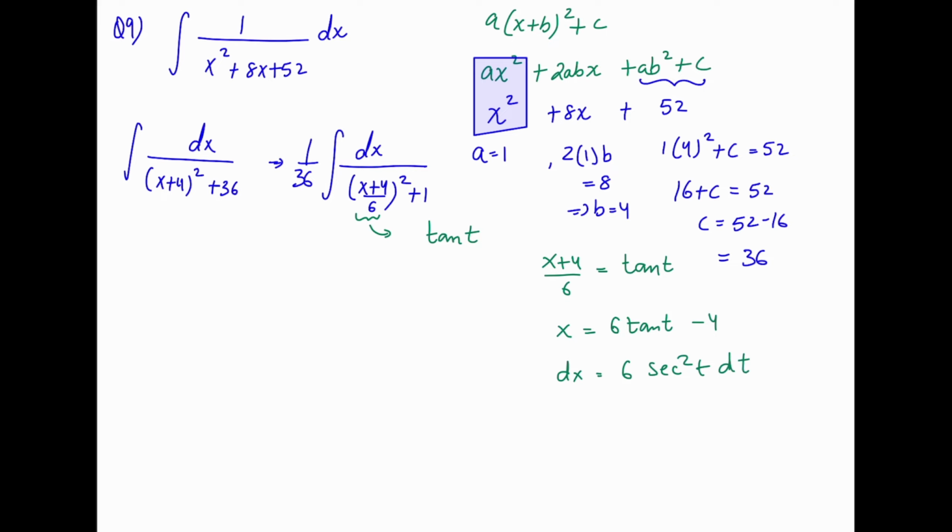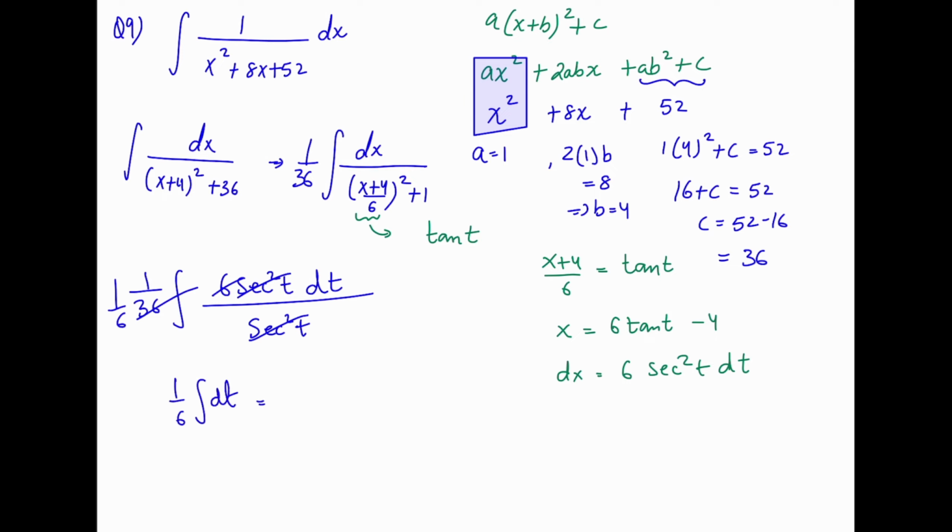Keeping that handy, when you go back here, you have 1 over 36. dx is just going to be 6 secant squared t dt, divided by tan squared t plus 1. And tan squared t plus 1 is secant squared t. So the bottom is just secant squared t. And then you'll see this cancels out to be 1 over 6 eventually. So this is 1 over 6 integral of dt, which is going to be 1 over 6 t plus c.